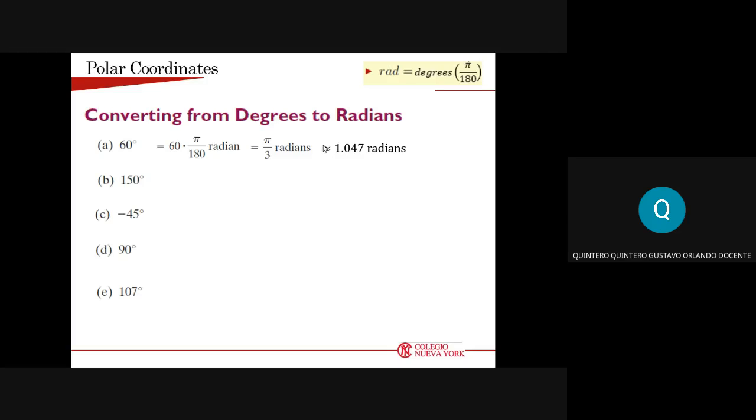So knowing when to use equal and when to use this sign over here is extremely important in mathematics. If we said that pi over 3 is equal to 1.047, then we are making a huge mistake because that is a lie.